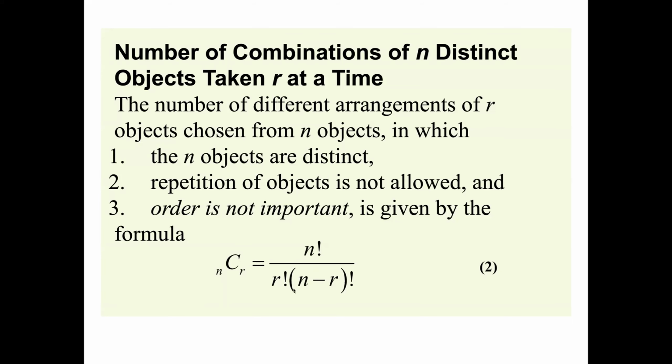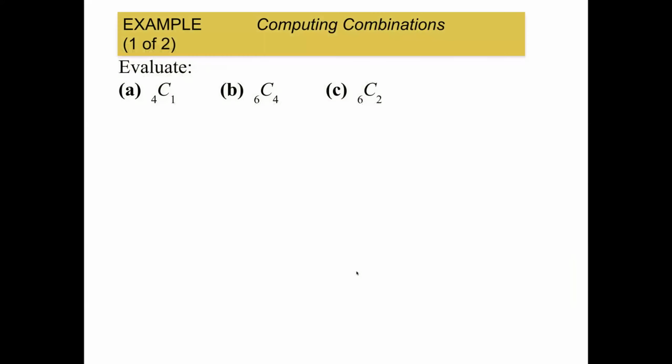So we have a new formula here. We've added the R factorial piece to our calculation of combinations versus permutations. It looks similar to the permutation calculation, but remember, since order is not important, it doesn't matter who's first, second, or third. We actually change the formula and divide by R factorial. Let's go through some examples.